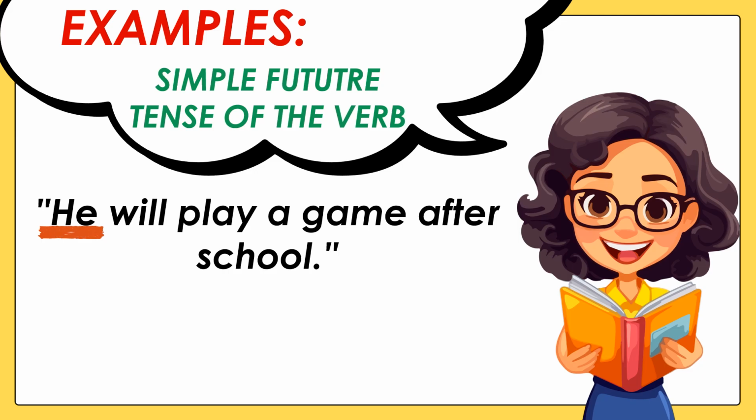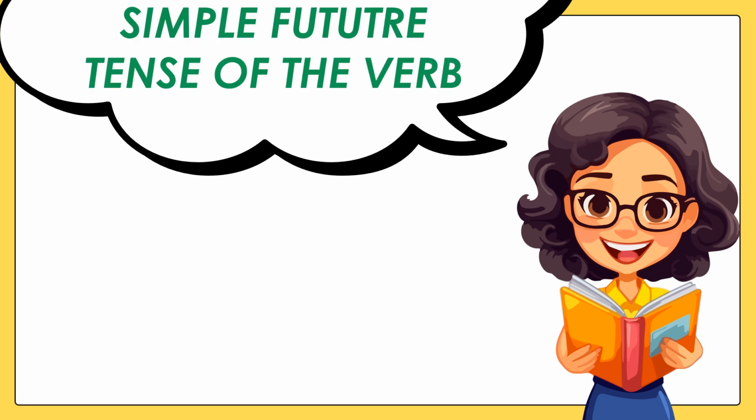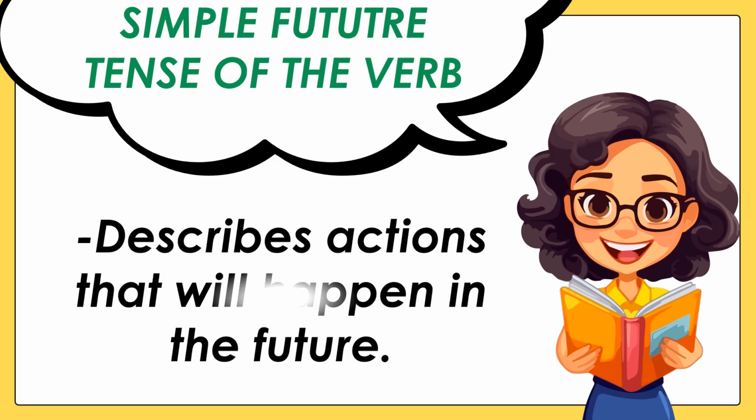He is the subject. Will play is the verb. Will play indicates that he plans to play a game in the future, after school. So when we say simple future tense of the verb, it describes actions that will happen in the future.